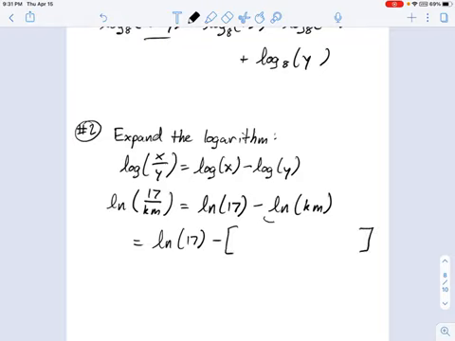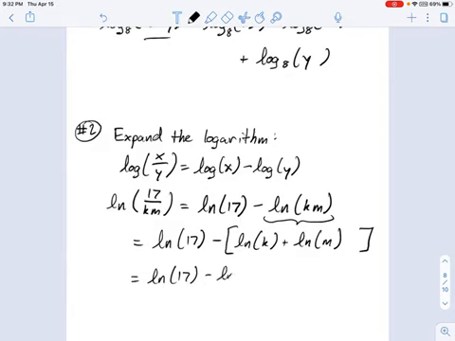What is natural log of km? That's the natural log of k plus the natural log of m. Okay, and since it's all inside a bracket with a minus sign on the outside, I can write that as natural log of 17 minus the natural log of k minus the natural log of m.